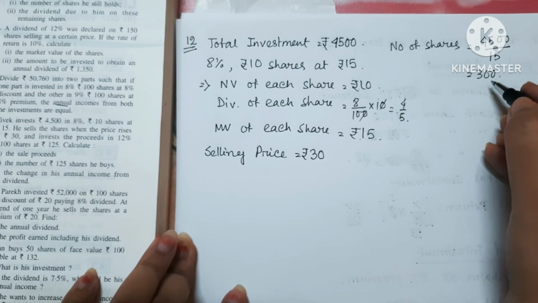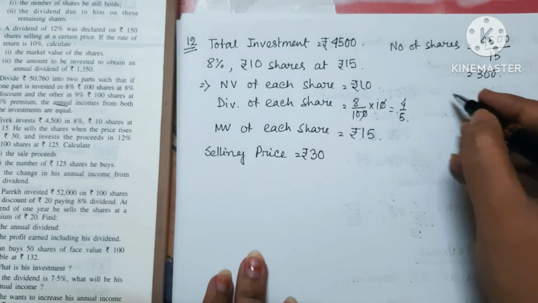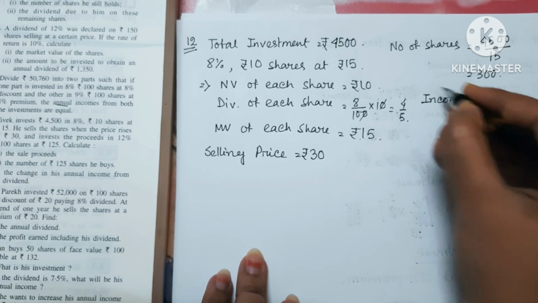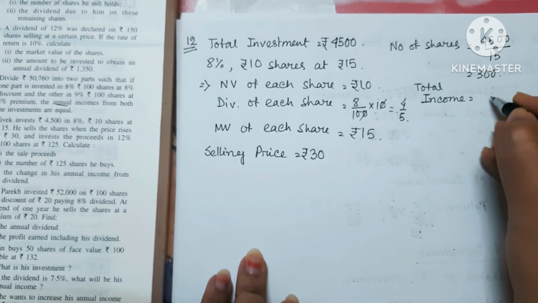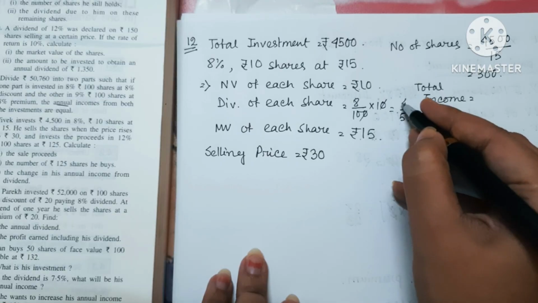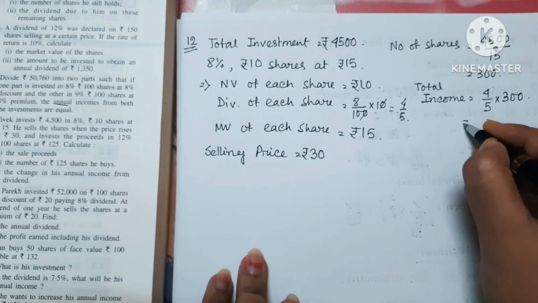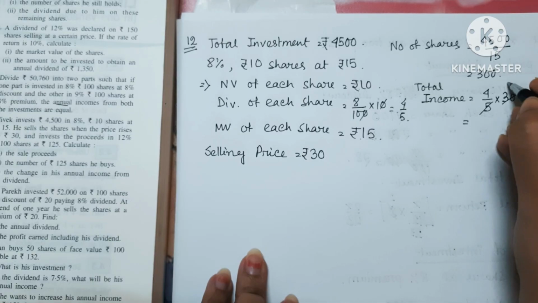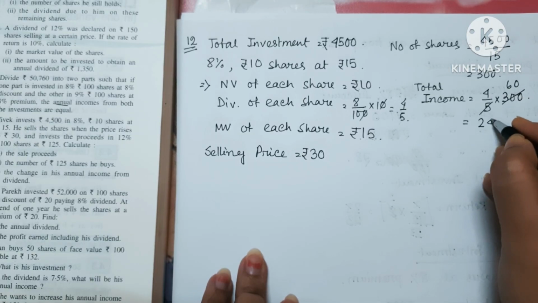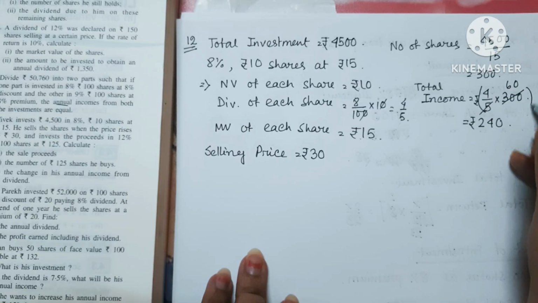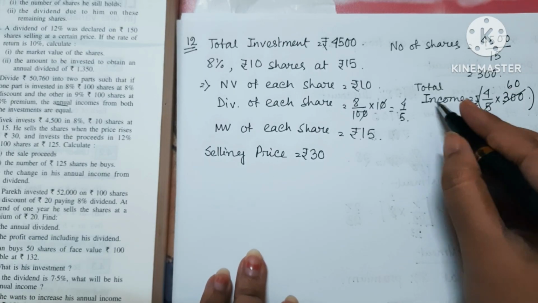And total income will be this one into 300, so this is rupees 240, that is the total income.